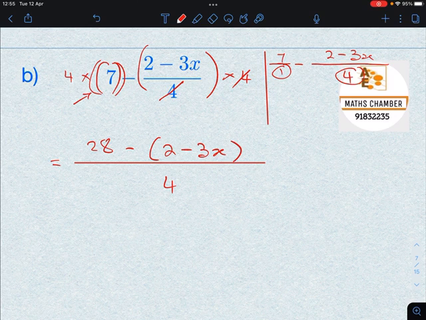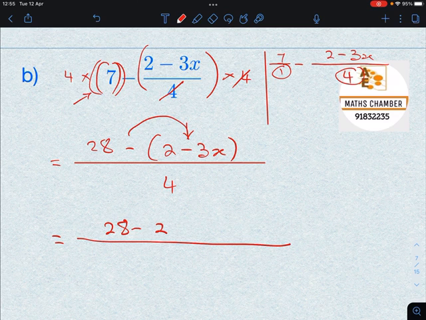You realize that if you do not put a bracket, you get this, and it's wrong. Because this negative 3x without a bracket will stay as negative, but with a bracket, when you expand it, it will be a positive. So it's 28 minus 2, negative and negative give you positive 3x.